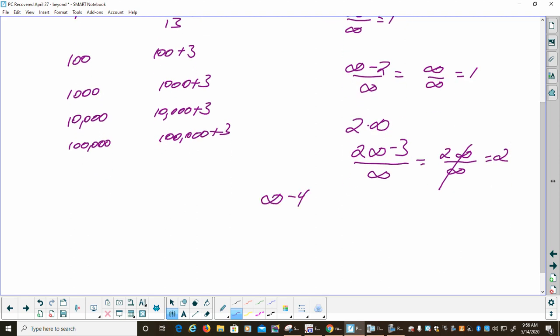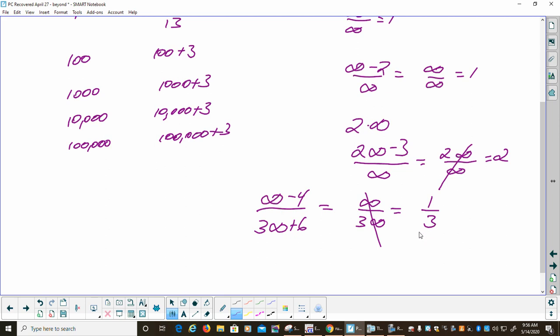Infinity minus 4 over 3 times infinity plus 6. Well, first off, the adding or subtracting of a number is inconsequential. You can ignore that. It just goes away. So I have infinity over 3 times infinity. They cancel out, just like if it was a variable, and you're left with a third.